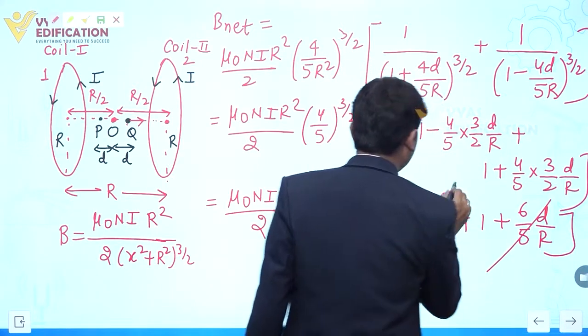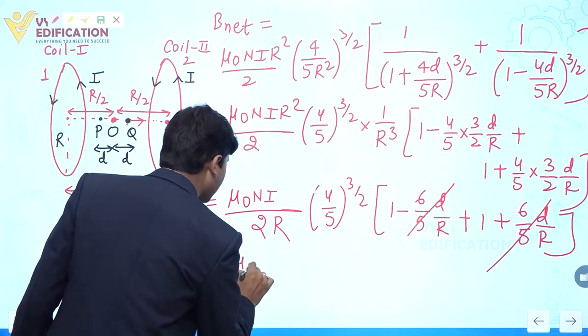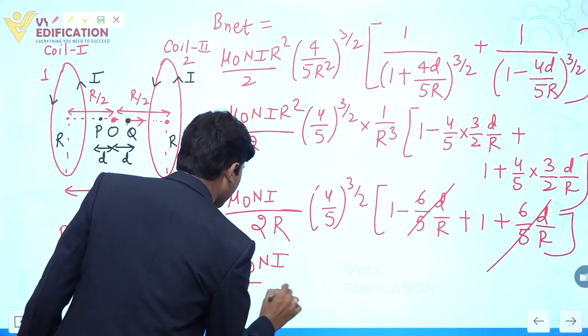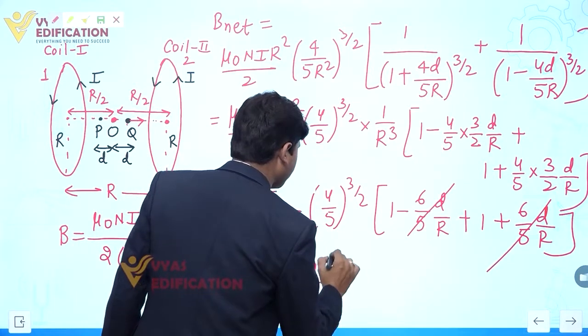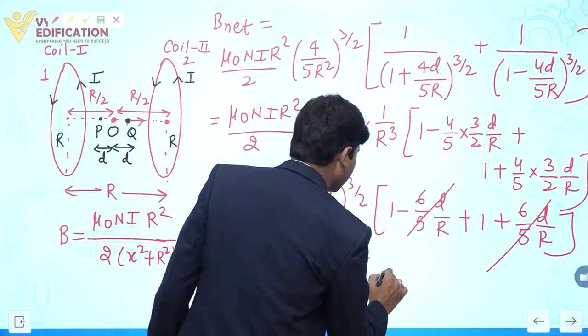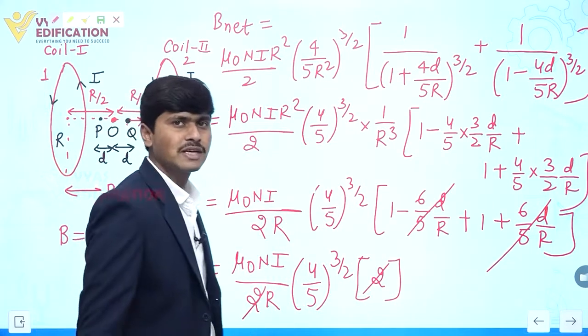From here this one and this one are cancelled out. So we have mu naught Ni divided by twice r, with 4 by 5 power 3 by 2. Here we have 2, so 2 and 2 are cancelled out.